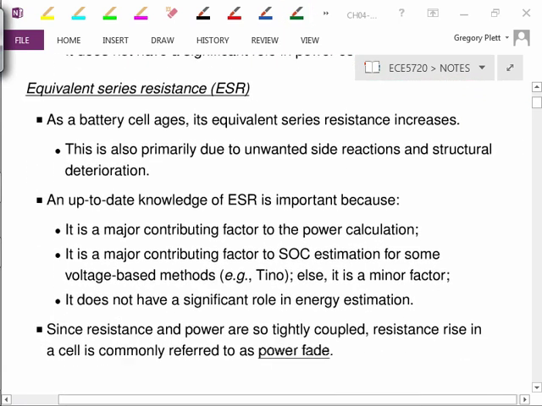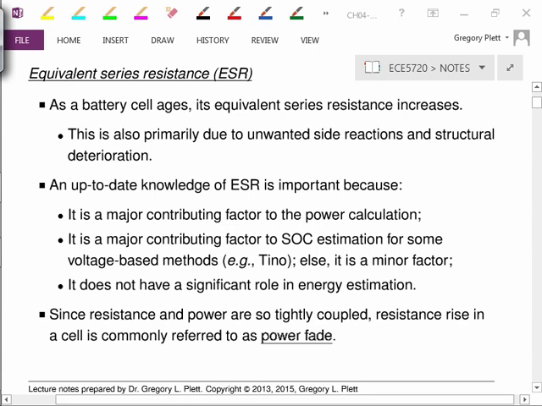Equivalent series resistance. As a battery cell ages, its resistance also increases. Again, there are different physical causes for this, and we're going to look at some of those in the upcoming sections. But the side reactions that we talked about for capacity loss also change resistance, because the side reactions build resistive components in the cell that make it harder for lithium to move.